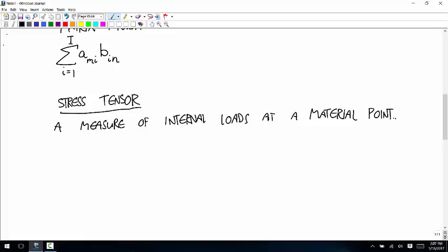And it's the single best predictor of whether a material is going to fail at a point.